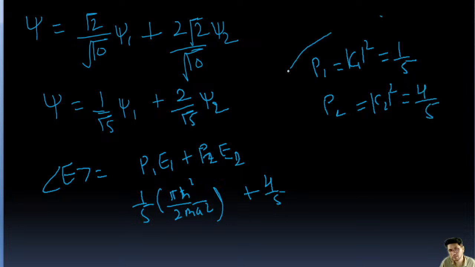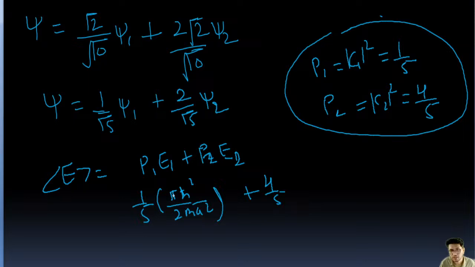Here the energy for the first state for a particle in an infinite one-dimensional box of width a is known, and this is 4 by 5 into the E2 value. E2 value is 2 squared times, that is 4 pi square h cut square upon 2 ma square.